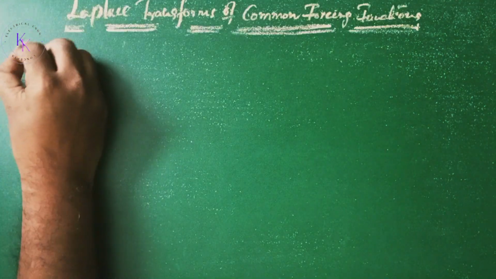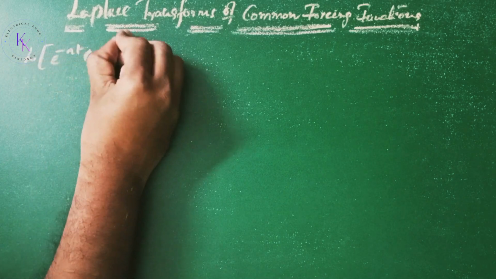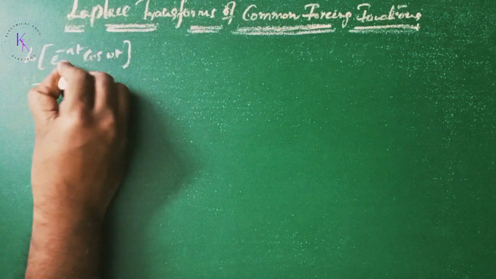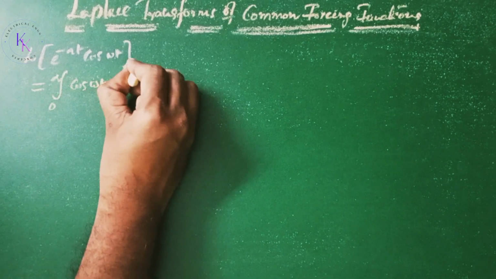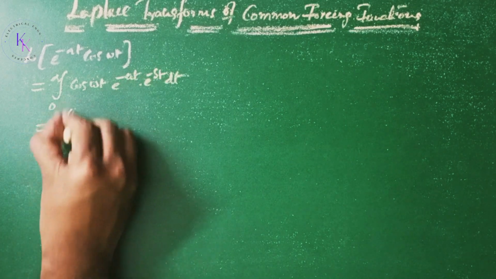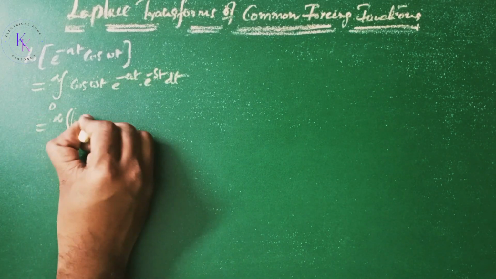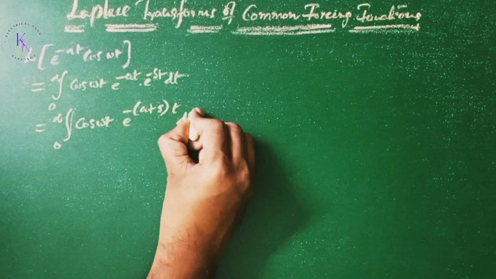Next, Laplace transform of e power minus at cos omega t. For this, integral 0 to infinity cos omega t e power minus at times e power minus st dt, that equals integral 0 to infinity cos omega t e power minus s plus a of t dt.